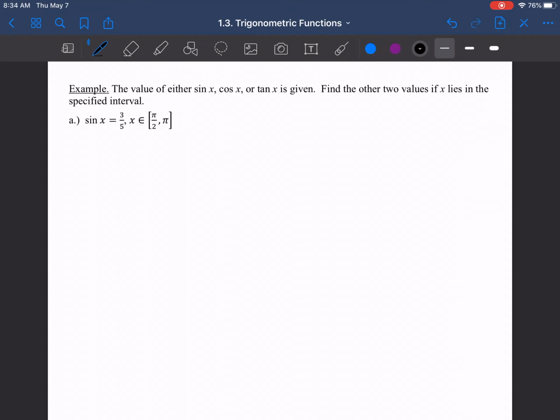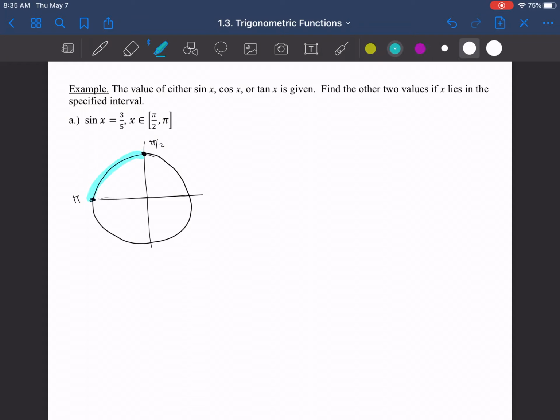So here we are given that sine of x equals 3/5 and that x is between pi over 2 and pi. If we look at our unit circle, the first thing we want to think about is that pi over 2 is right here, and pi is over here. So that means we need to have something in this interval right there.